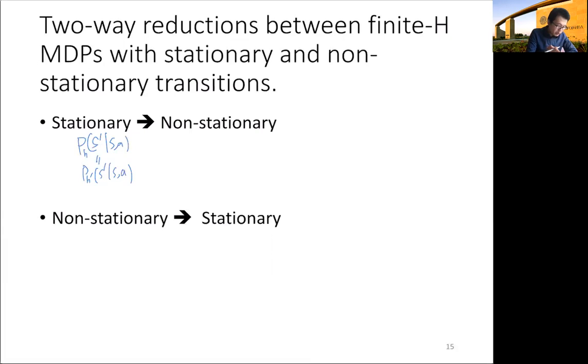Suppose we have an oracle that solves the stationary MDP. How can we apply that to the non-stationary finite horizon MDP? The idea is similar to what we had before.